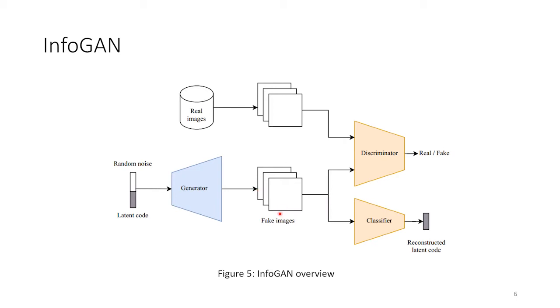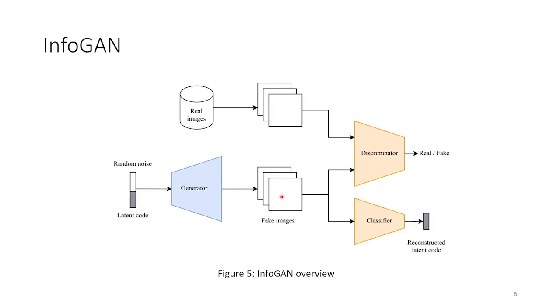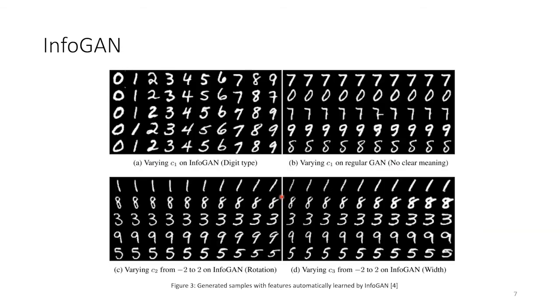So at the end, by modifying the value of the latent code, we should be able to modify some meaningful features in the fake images, which we don't have in the original GAN. So why did I talk about InfoGAN? Because we apply this principle in our network.